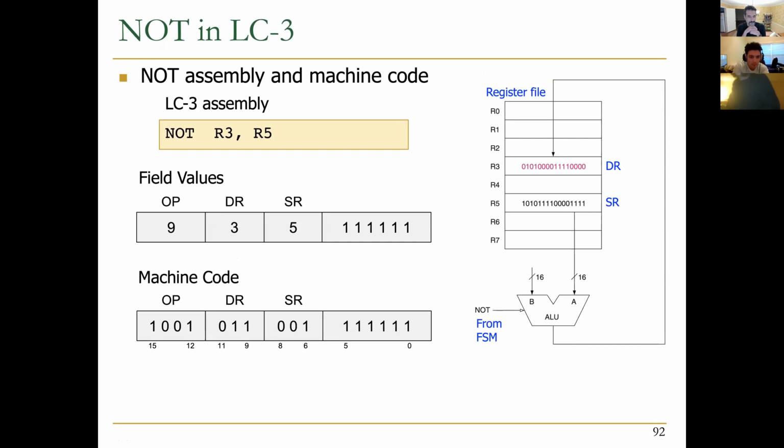Yes, sir. So the field is 001, which in binary is just 1. How does that equate to 5? Oh, there's something I missed.